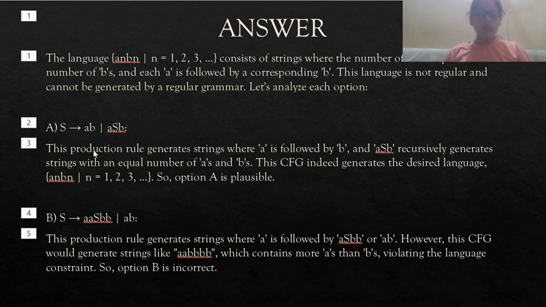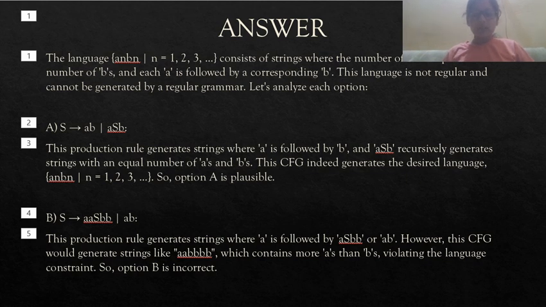The first option: this production rule generates strings where A is followed by B and S belongs to A S B recursively generates strings with an equal number of A's and B's. This CFG indeed generates the desired language A^n B^n. So option A is plausible.